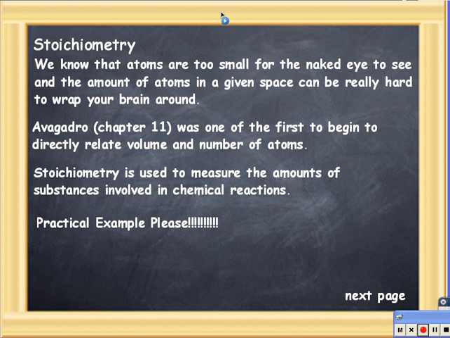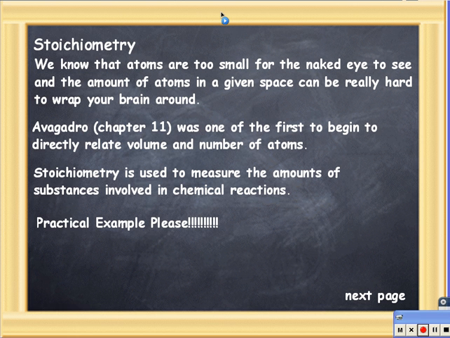So stoichiometry. The whole point of stoichiometry is that atoms are too small for us to actually see, let alone physically count. That becomes hard to wrap our brain around because there are so many in such a small space. Avogadro began to bring this together in Avogadro's principle that we learned about in the gas laws.